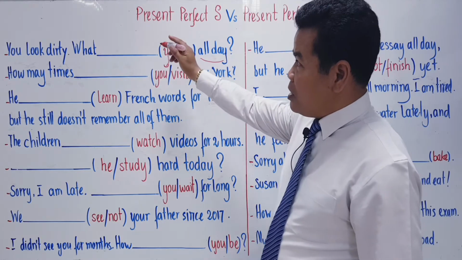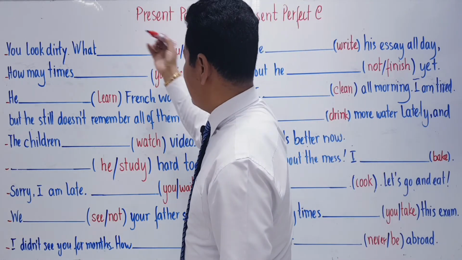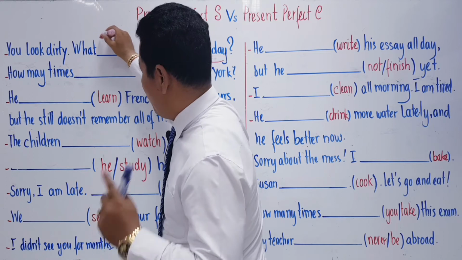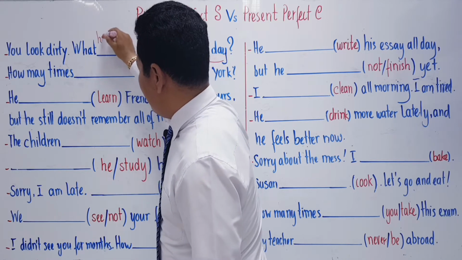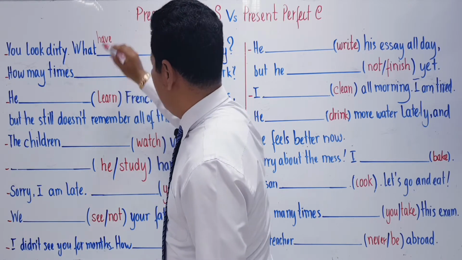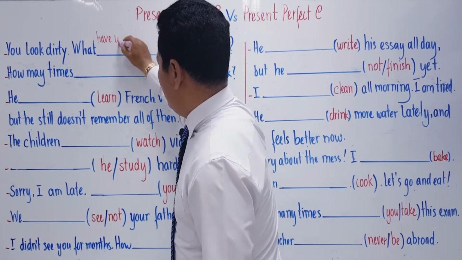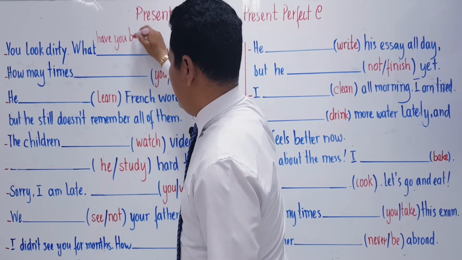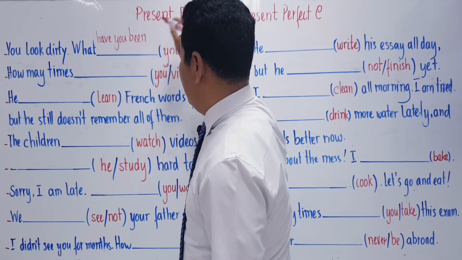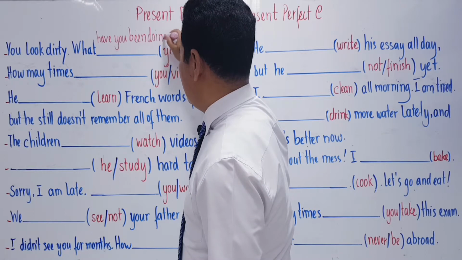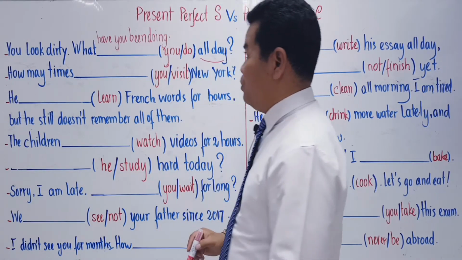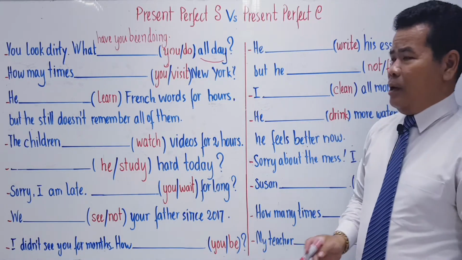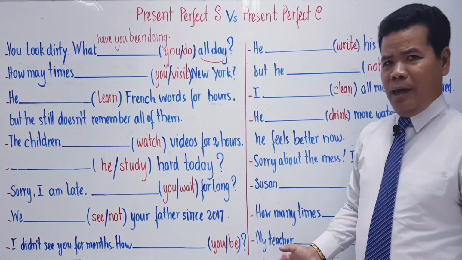Now, what are we going to have? "You look dirty. What...?" Helping verb: have. Then the subject, you, another helping verb, been, verb plus ing. So we have: "You look dirty. What have you been doing all day?"